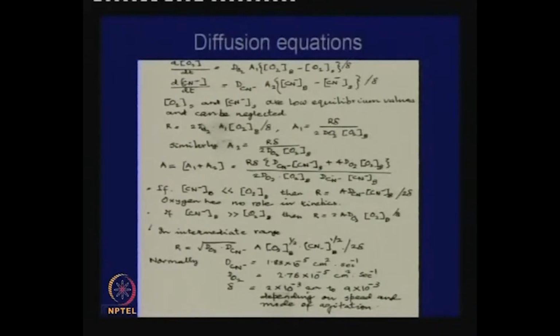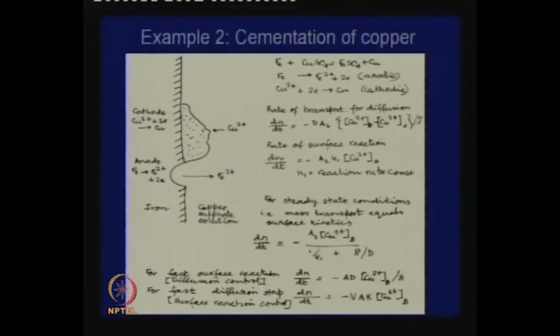Is the partial pressure of oxygen important, because that is also a reactant? Is cyanide concentration important, because that is also there as a reactant? Then we analyzed that under different conditions something is more important than the other. We talked about a cementation reaction, that iron filings put into copper sulphate would produce ferrous sulphate and copper will precipitate. It is an electrochemical reaction with a cathode area and an anode area.